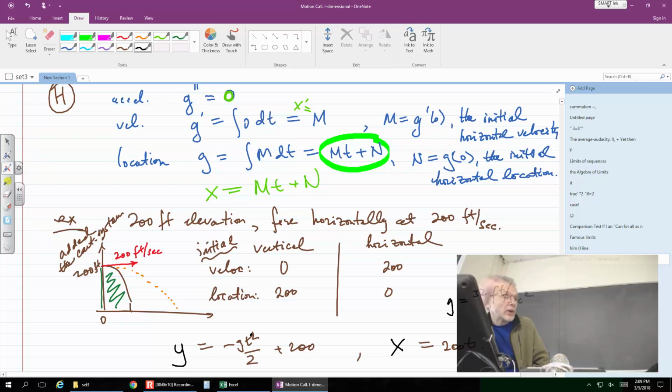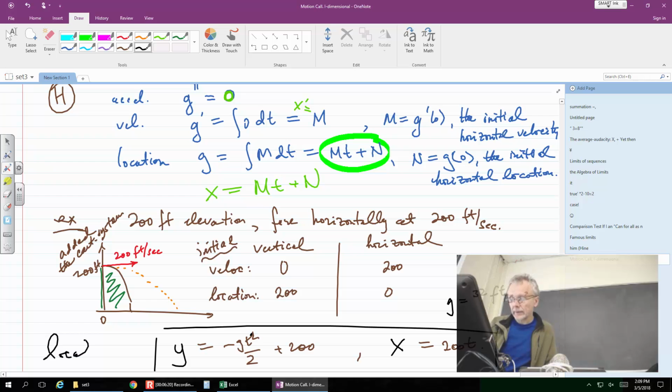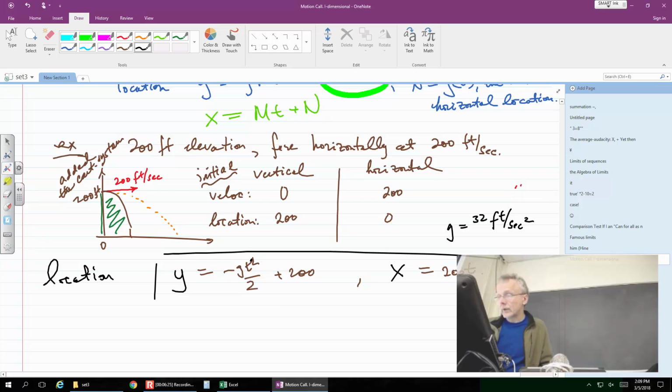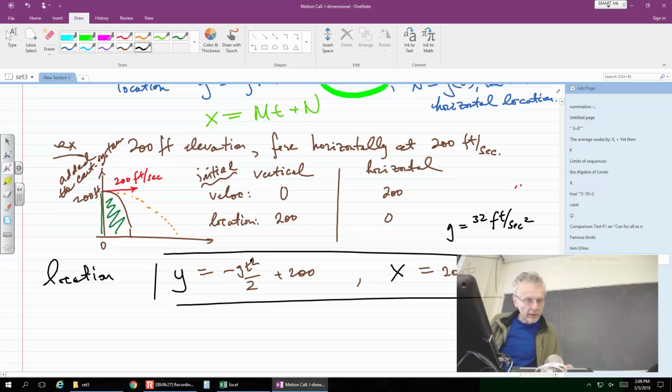All those constants are gone. We specified them based on the initial conditions, and now that is our location. Location is a function of time, horizontal separate from vertical. So the question might be then: how far does it go?